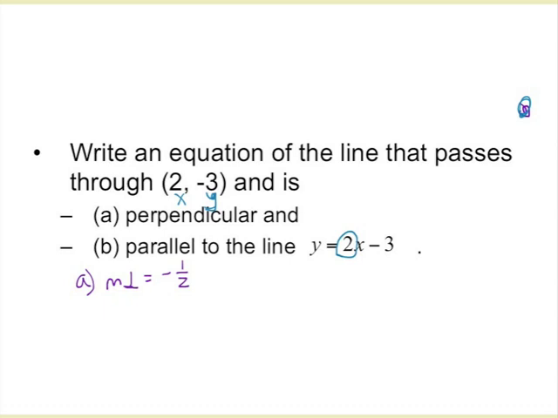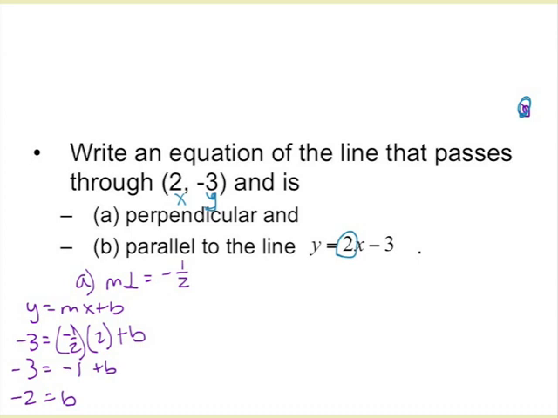So then I'm going to use in y equals mx plus b, a y of -3, an m of -1/2, and an x of 2 to find b. Multiplying there gives -1. And adding 1 to both sides would give -2. So our answer is the equation with the m that we used and the b that we found. Questions on part A?